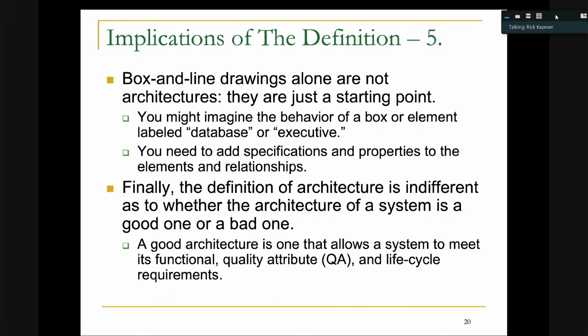Finally, the definition is indifferent about the quality of the system. Is this a good or bad architecture? Don't know. We just say in the definition that it's a set of structures, elements, and relationships and their properties. You now need to do some additional analysis to figure out whether that architecture meets its functional requirements. That's the thing that we usually cover pretty well, right? That's why we write our test cases.